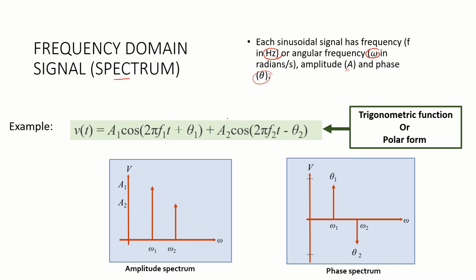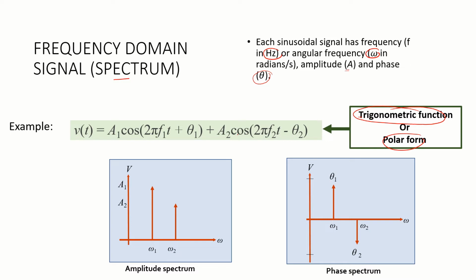For example, you have this equation. This equation is known as the polar form or trigonometric function. Just now I mentioned that the spectrum can be represented as a trigonometric function or exponential function. First of all, let's go into the trigonometric function.